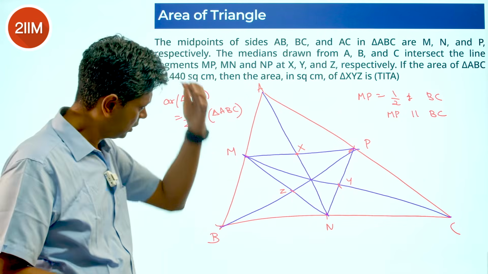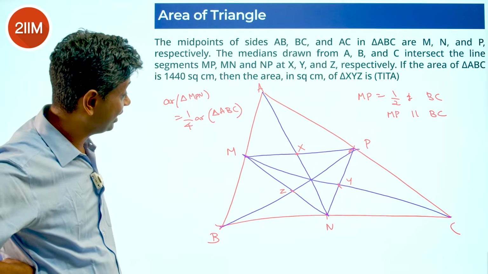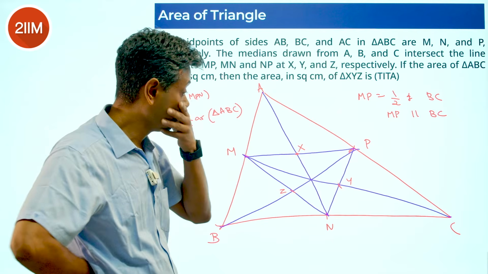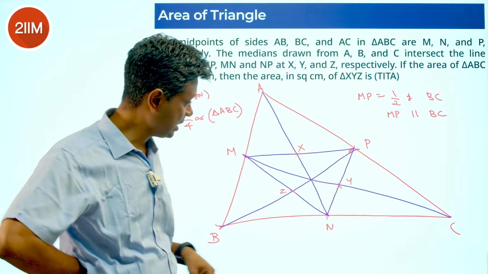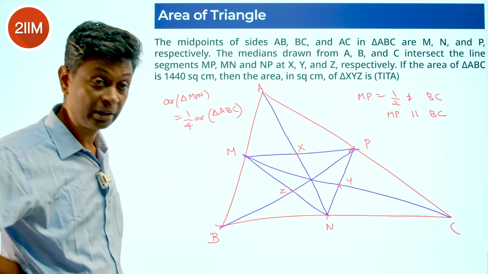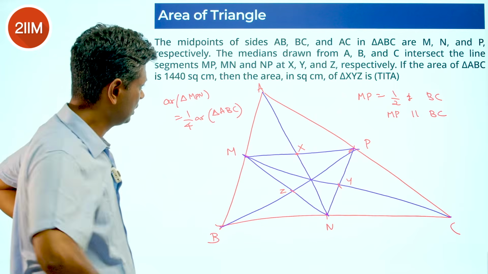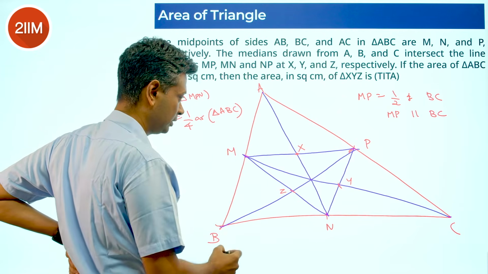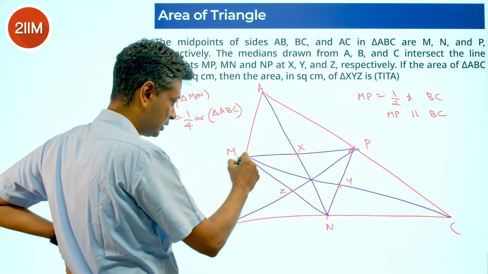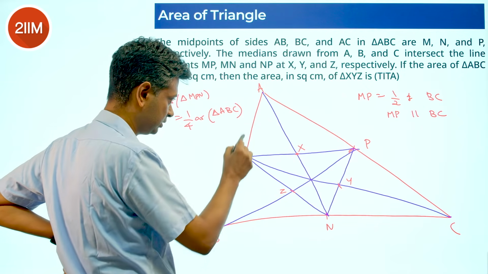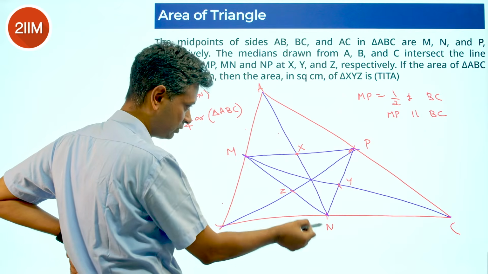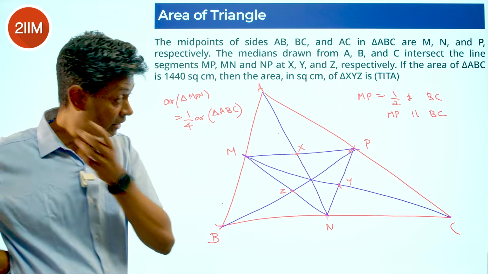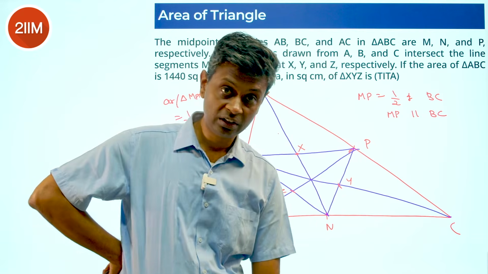Brilliant. Now we need to get to XYZ. My instinct is telling me that XYZ will be midpoints of MP, PN and MN. Why? If I take this triangle ABN, this is parallel to this. These two are similar triangles. This is half of this, so MX should be half of BN. MX is half of BN. NP is half of NC.